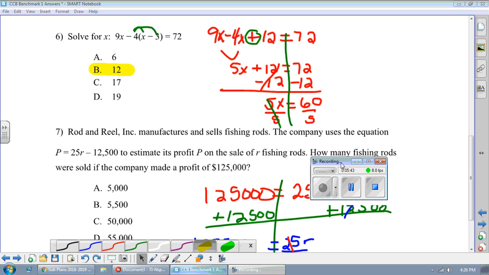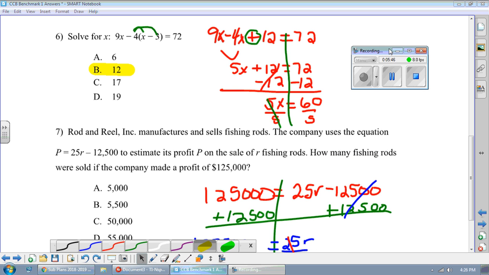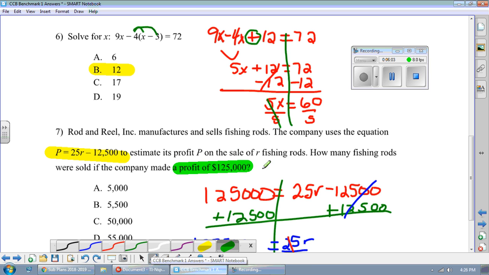Number 7, Rod and Reel Inc. manufactures and sells fishing rods. The company uses the equation P equals 25R minus 12,500 to estimate its profit P on the sale of R fishing rods. How many fishing rods were sold if the company made a profit of 125,000?